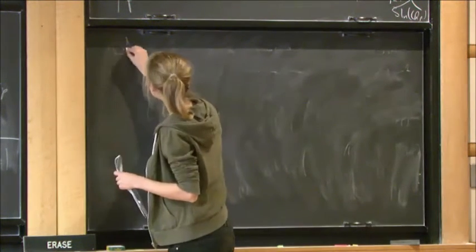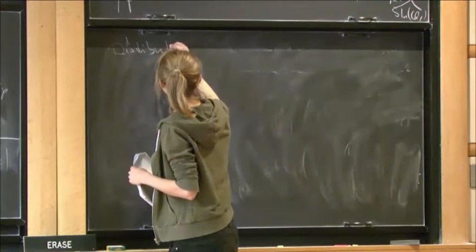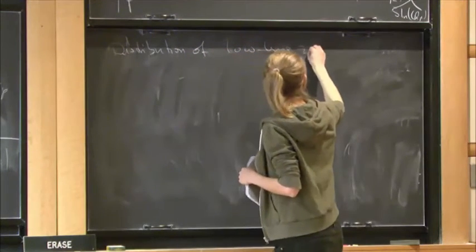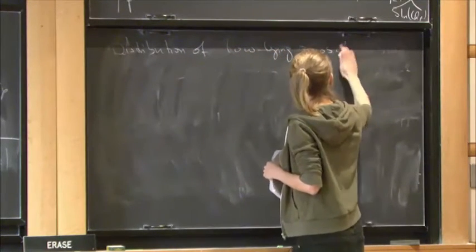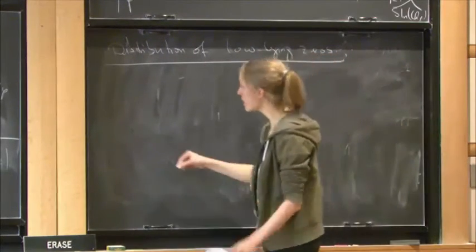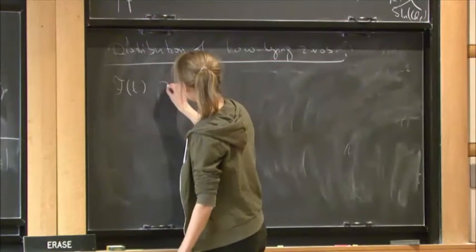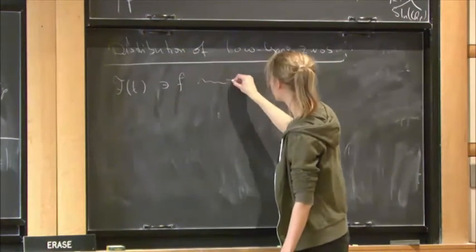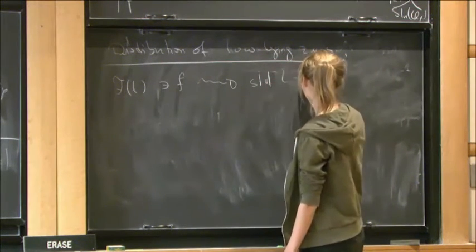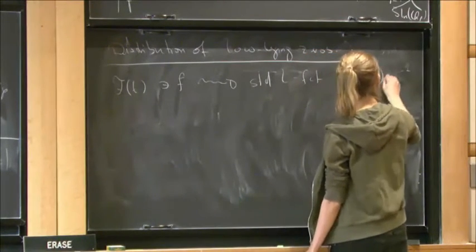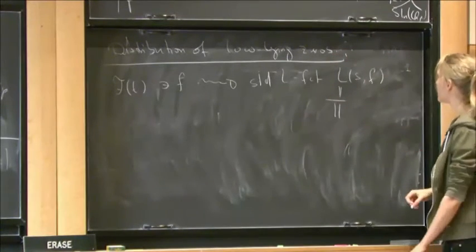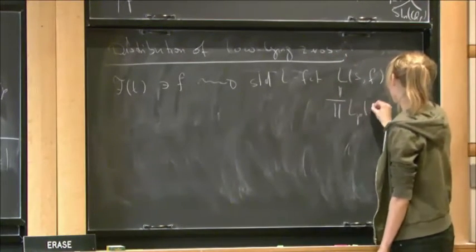Namely, to the distribution of low-lying zeros of families of L-functions. So if we have such a Hecke-Maass form F, we can associate to this a standard L-function, for example L(s, F), which for real part s very large is just the product over local L-functions.